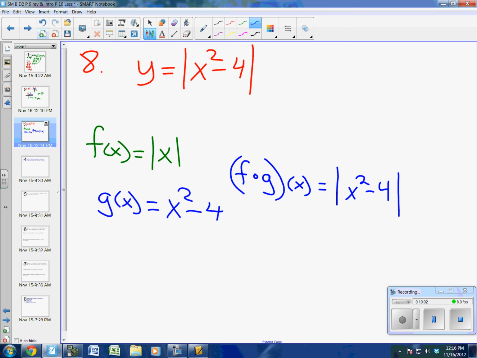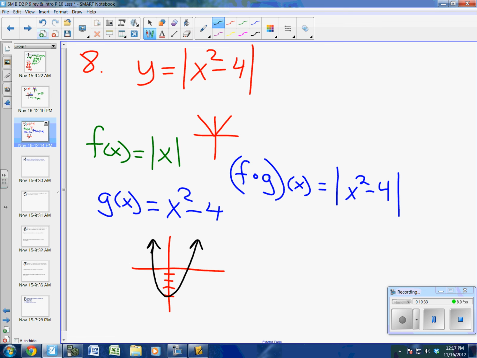Now, I want to show you the graphs of these two functions. The graph of f of x equals absolute value. Actually, what I should have just shown you is this one. This one right here is the function that you get when you shift an x squared function down 4 units, right? Now, here's the thing.